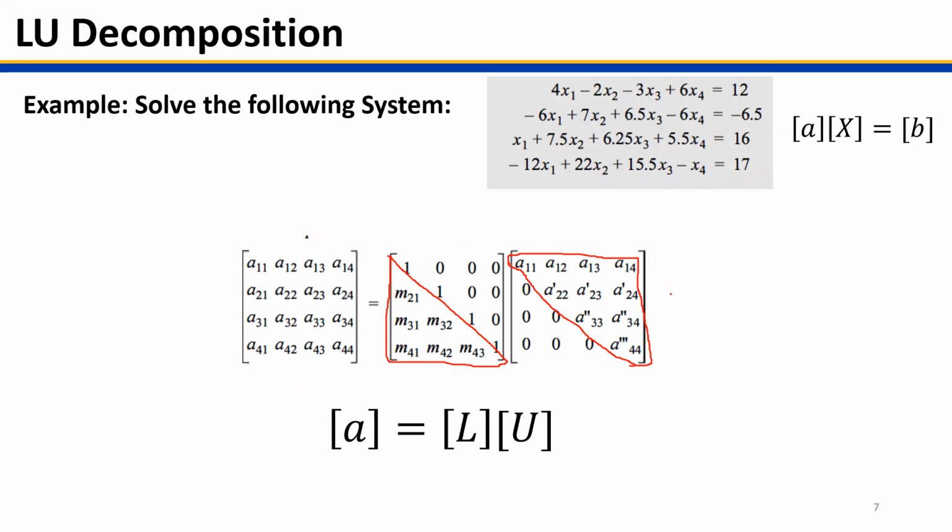So L stands for lower, U stands for upper. And then what do you notice about the off terms? These ones. They're all 0, right? So all those terms are going to be 0.